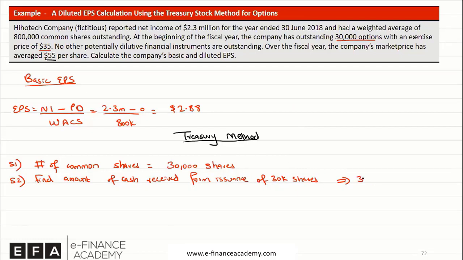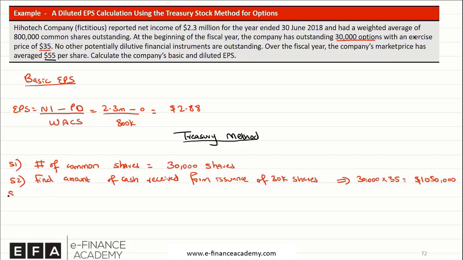So if we say 30,000 times 35, that means the company actually raised 1,050,000. So it's $1.05 million that has been raised from the issuance of 30,000 shares under the options.